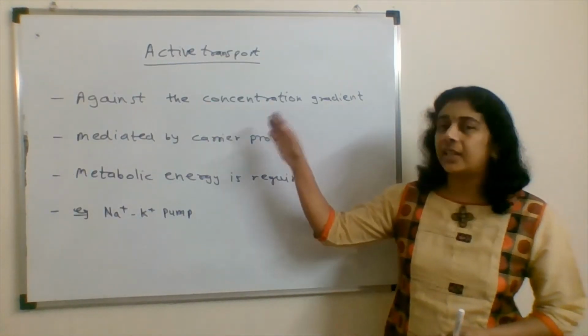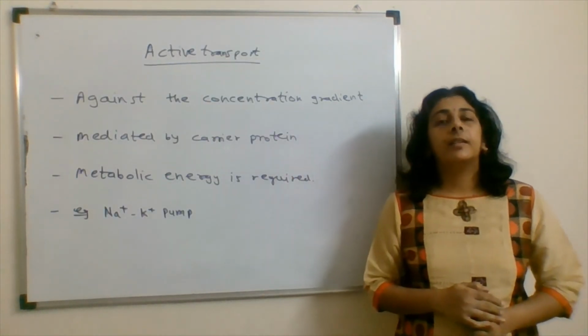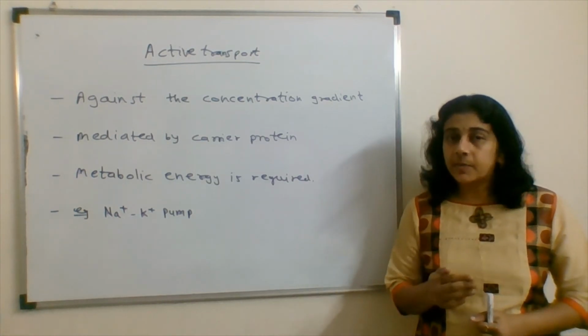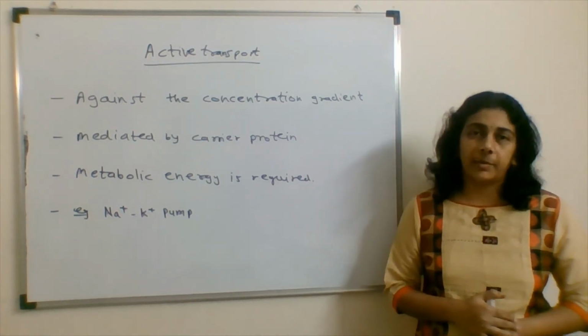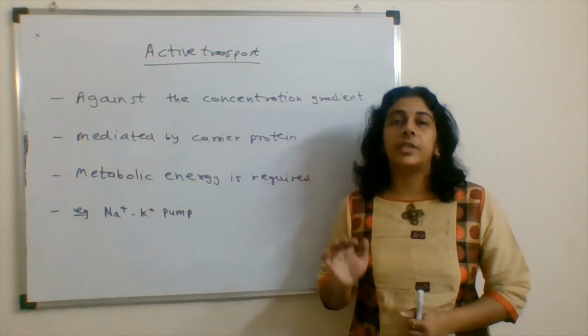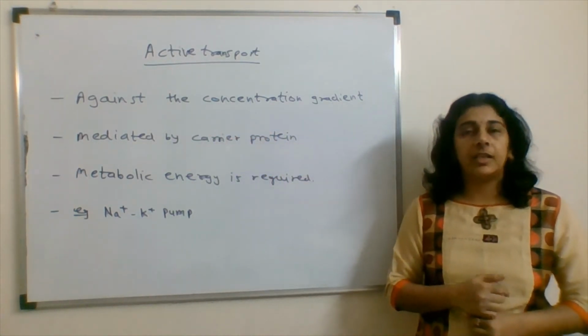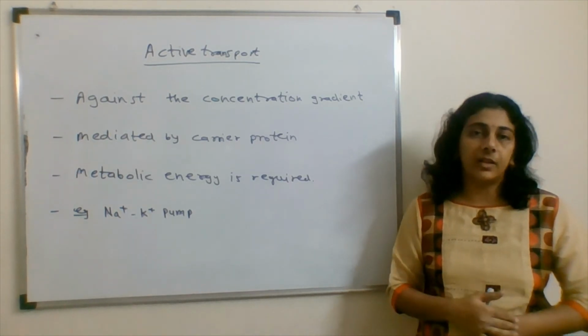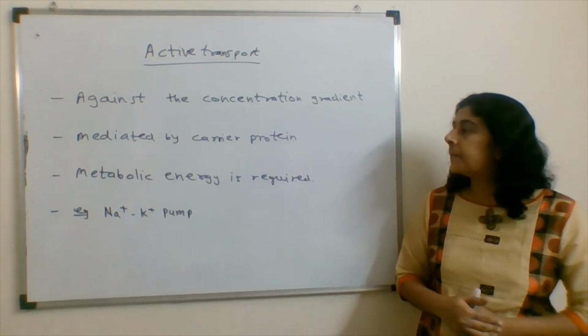Now coming to active transport. Here the transport is against the concentration gradient. This is the transport which requires metabolic energy, and it takes place against the concentration gradient.